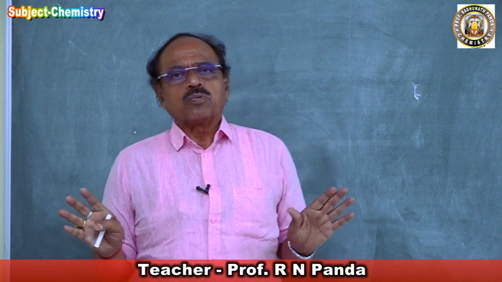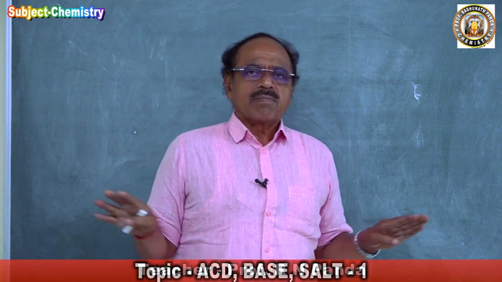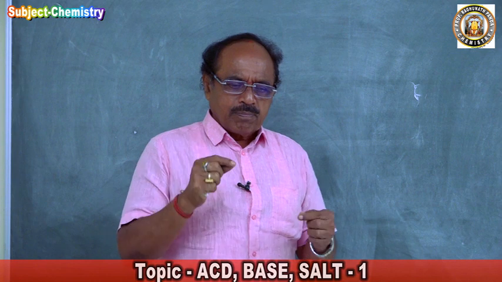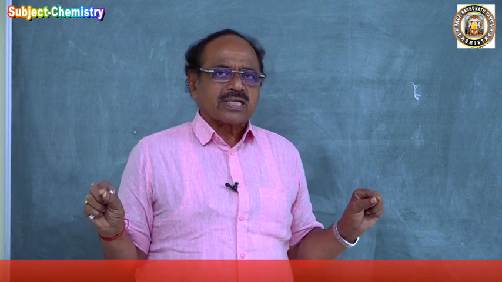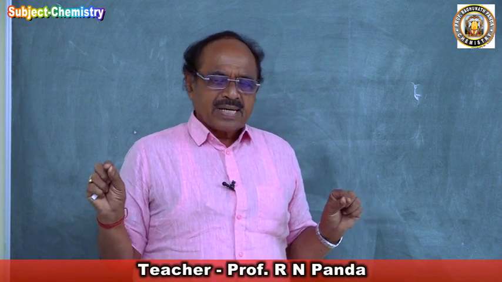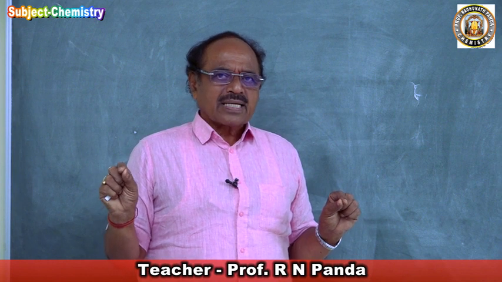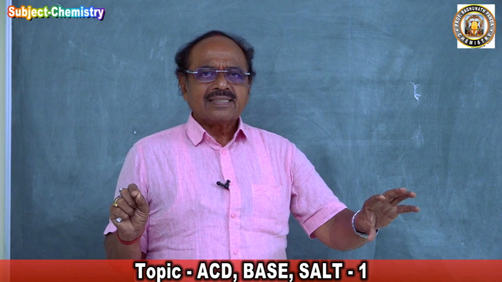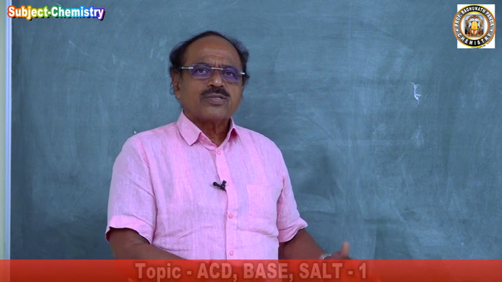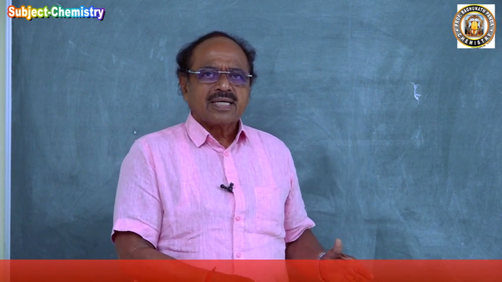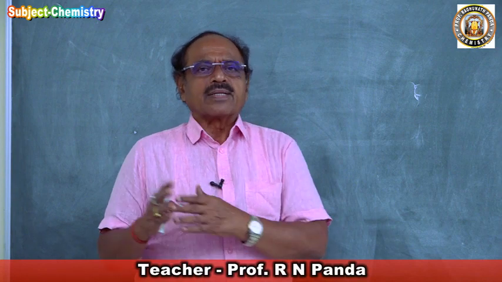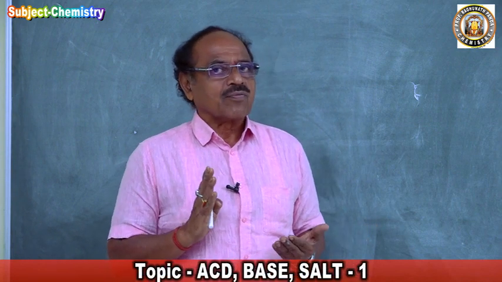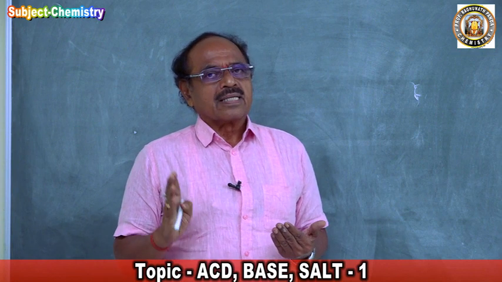I don't want you to remember the equation and write it. I want you to write the equation yourself. You will predict the product. I will not give you the product. I will give you the reactant, and with the basic knowledge I have given you in all these classes, you will write the product yourself and balance the equation. That is my point of balancing chemical equations.